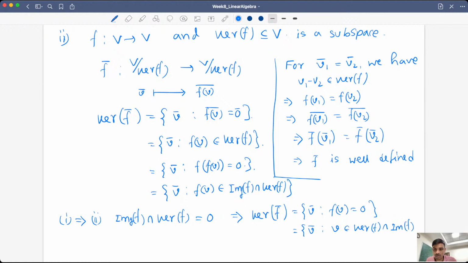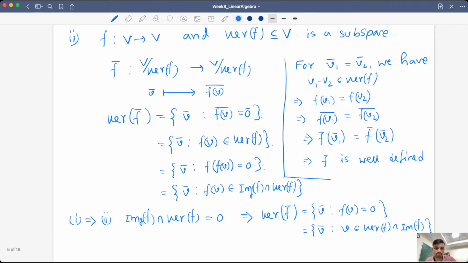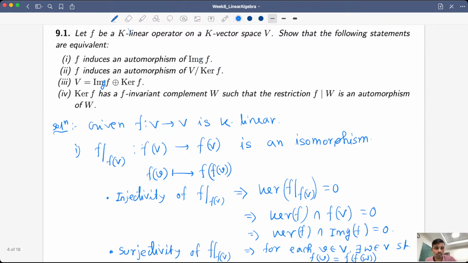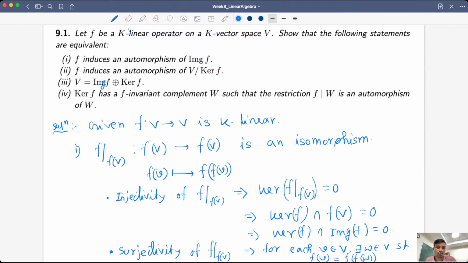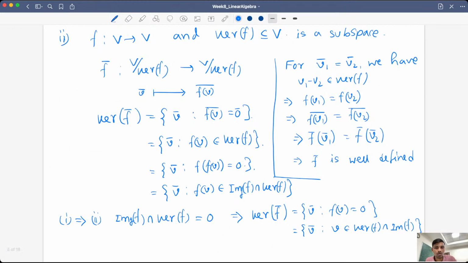Once v belongs to kernel f, v bar is just 0, right?